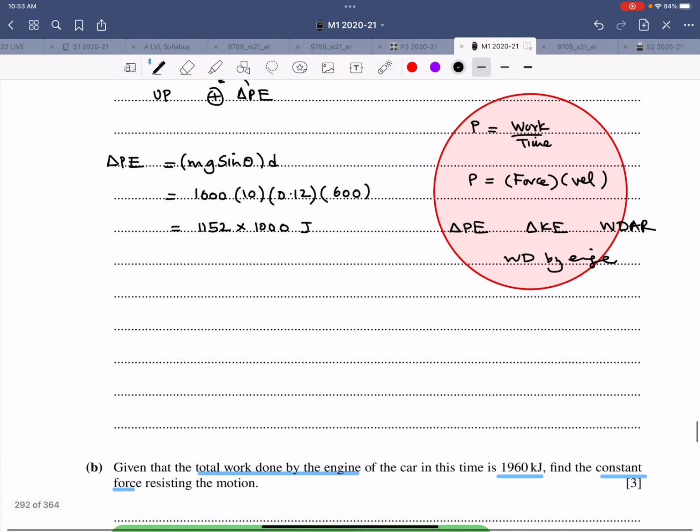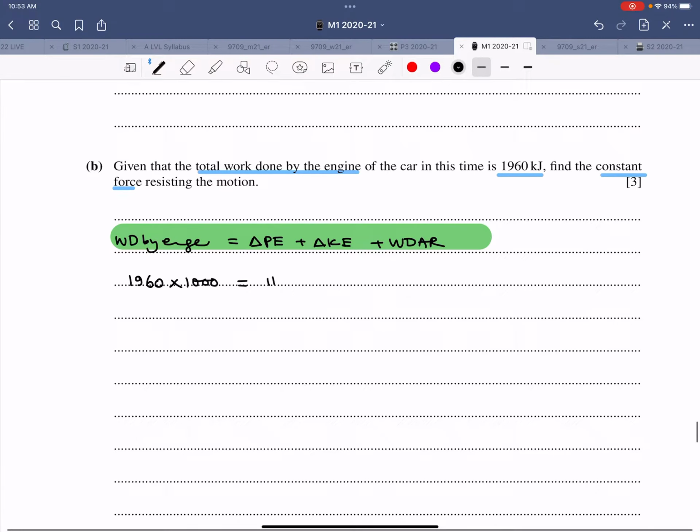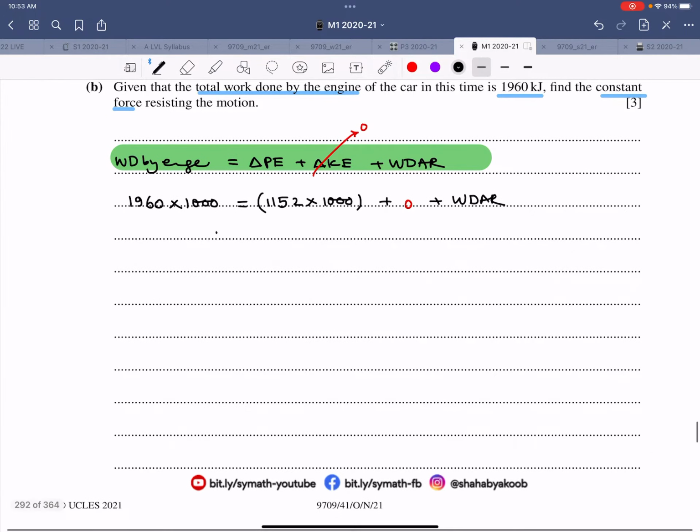Change in potential is 1152 into 1000. Change in kinetic is 0 because constant speed. And then we have work done against resistance. So I can make work done against resistance the subject. That is the subtraction between the two, which is 808 into 1000.